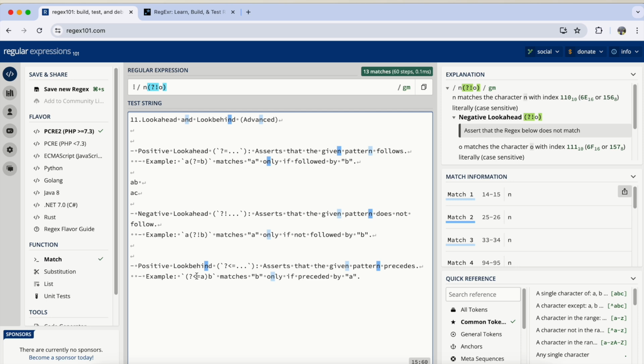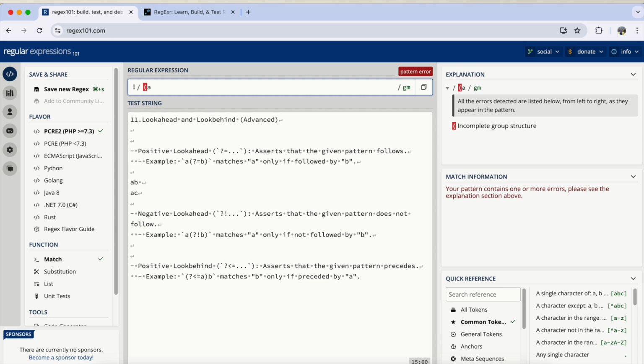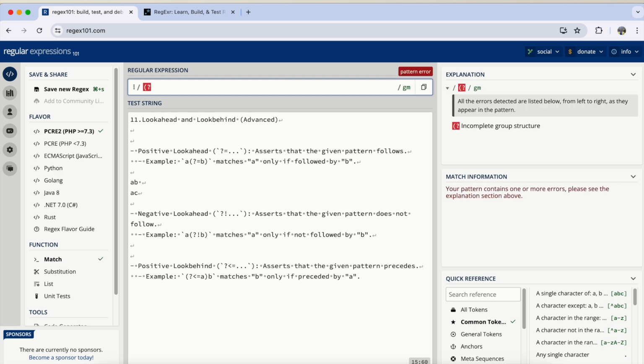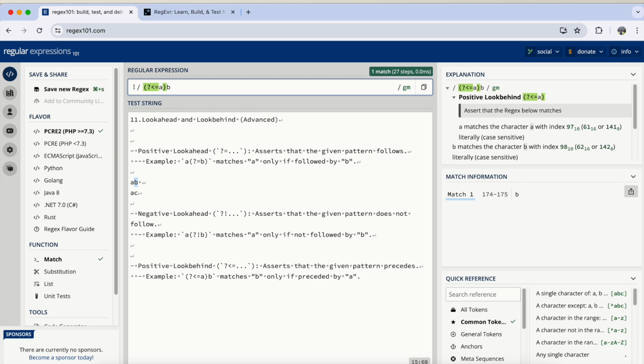In this example, question mark less than or equal to A within the parenthesis, then B. It ensures that it matches B only if it is preceded by A. Here I specify within the parenthesis question mark less than or equal to A, then B, right? Here it means match B only if it is preceded by A. Here it is matching because before B there is an A, right?